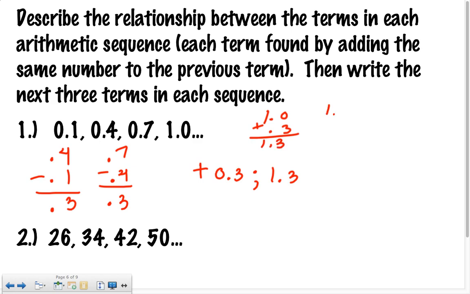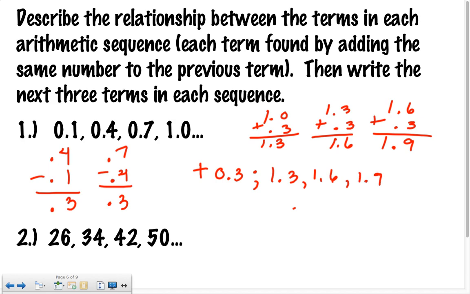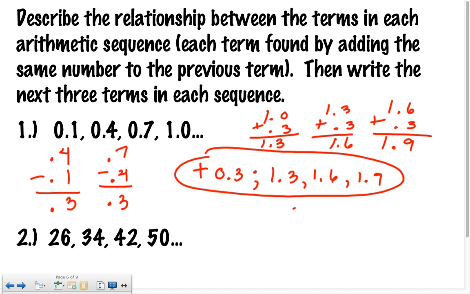Then we add 0.3 again: 1.3 plus 0.3 gives us 1.6. Then I'm going to add 0.3 onto 1.6, getting 1.9. And that is the last of what we need to find. So there are 3 terms, the next 3, and this is the rule, adding 0.3 each time. That would be your answer to number 1.